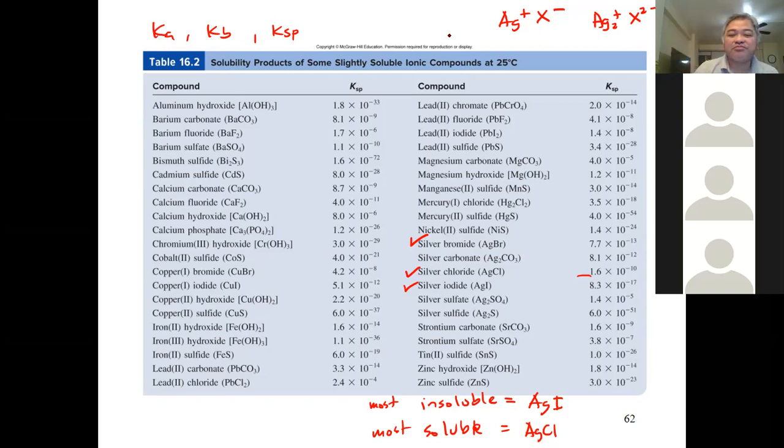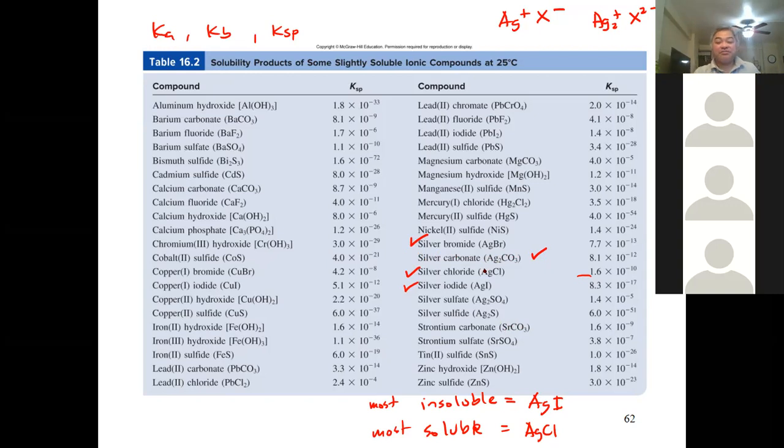But if you're going to compare them, let's say with silver carbonate, can you predict it right away by just using the Ksp? If you are asked which is more soluble, silver carbonate or silver bromide? The answer is you're not sure.